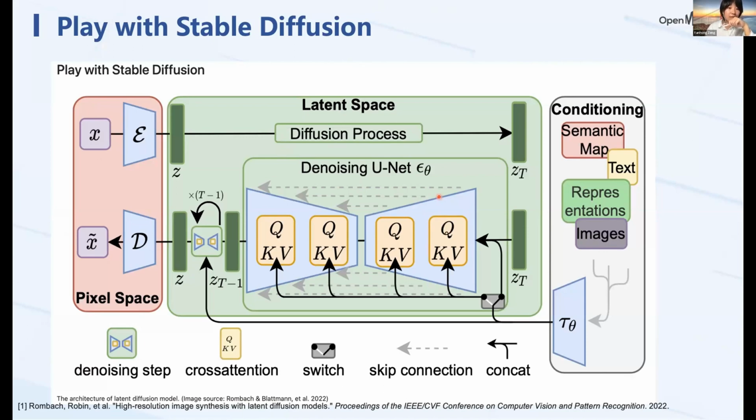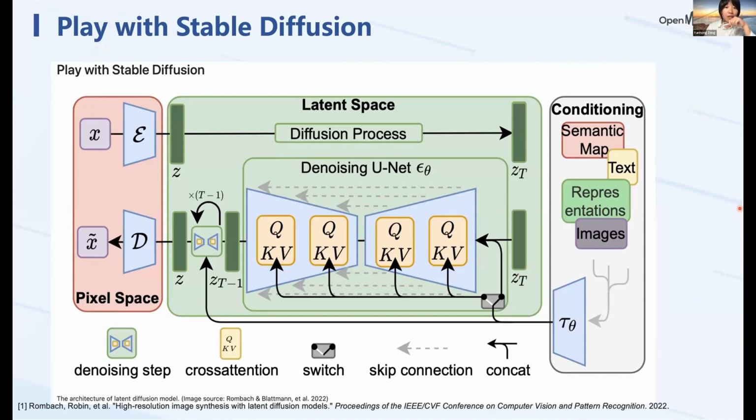The first process is the diffusion process, which adds noise into the latent to a noisy latent, and finally comes to a Gaussian noise. And then in the denoising process, the denoising UNet is trained to denoise from a noisy latent, so that people can sample a real image from a Gaussian noise.